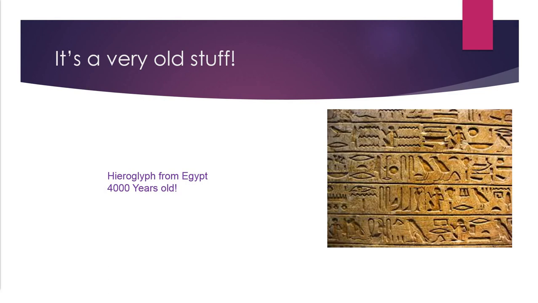If you and I see it, we might not make any sense of it apart from seeing some pictures of birds, a human being, some fishes and things like that. But can you tell me what this picture actually means? I guess not. Neither do I. The reason is it's an ancient secret form of writing which Egyptians developed at that time, and it's almost 4,000 years old.